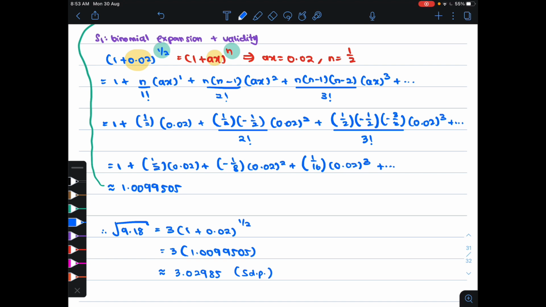Therefore, by using calculator, you'll get 3.02985. So this is correct to 5 decimal places.